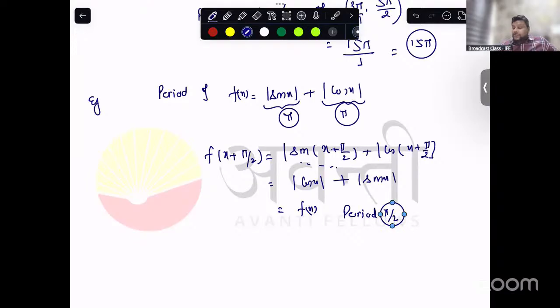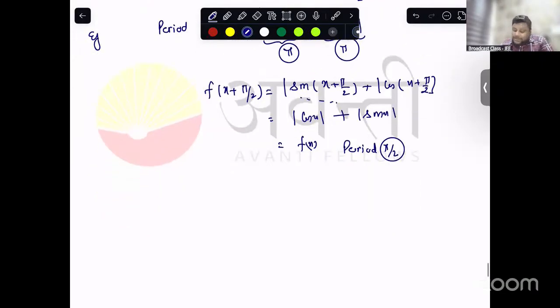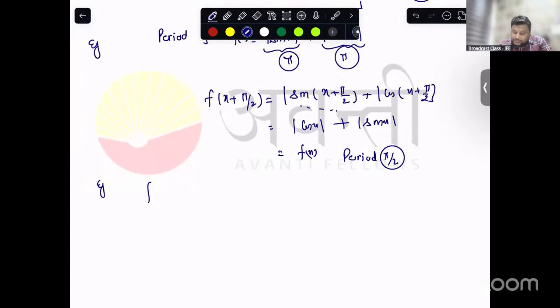In this kind of question, sometimes we have to think out of the box and look for the period. Now, another example: f(x) equals sin square x plus cos square x. Tell me what is the answer. Just quickly.